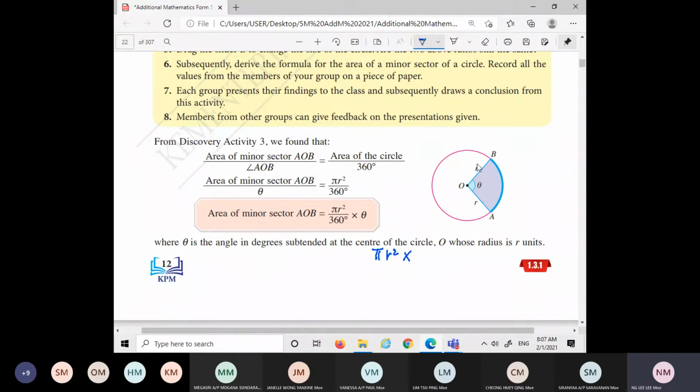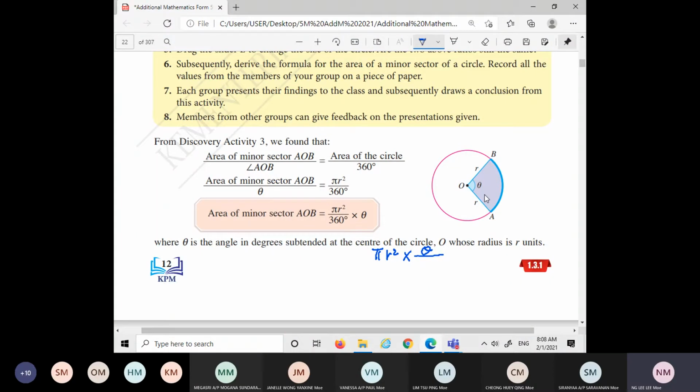Then the area of a sector means part of the circle, so it depends on how big the angle is, then divide by the total angle of the full circle.